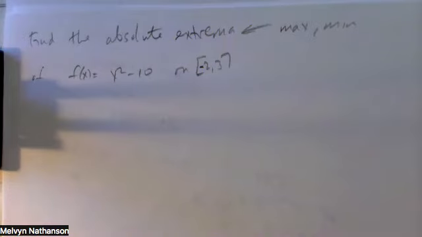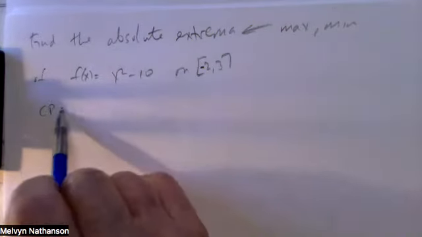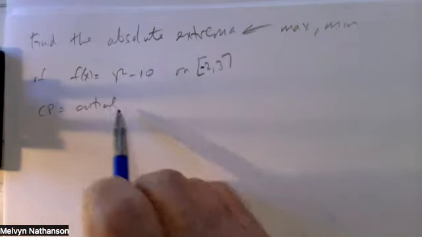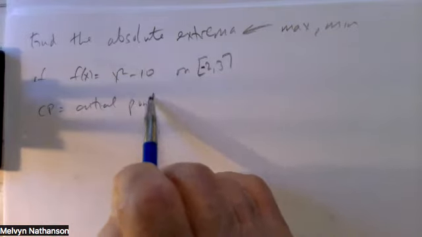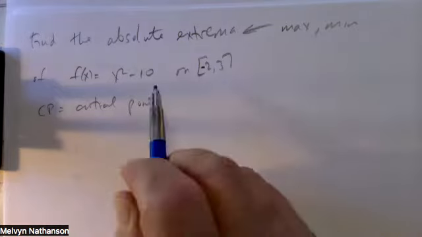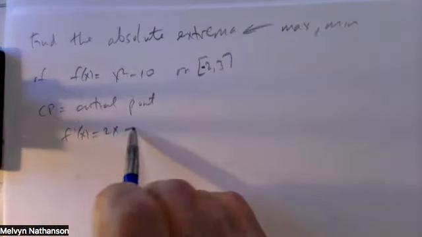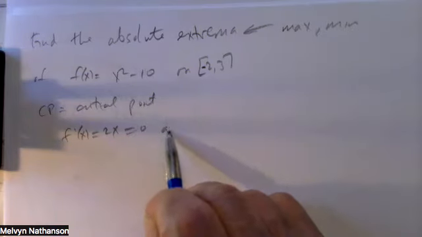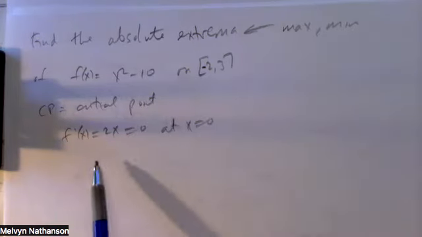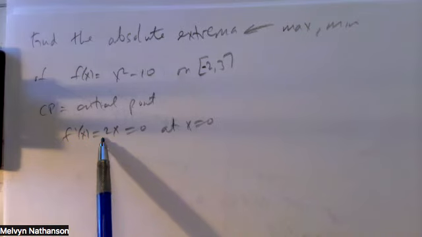So first we look for the critical points. So where is the derivative 0? f prime of x is 2x, and that equals 0 at x equals 0. So this function is differentiable everywhere.